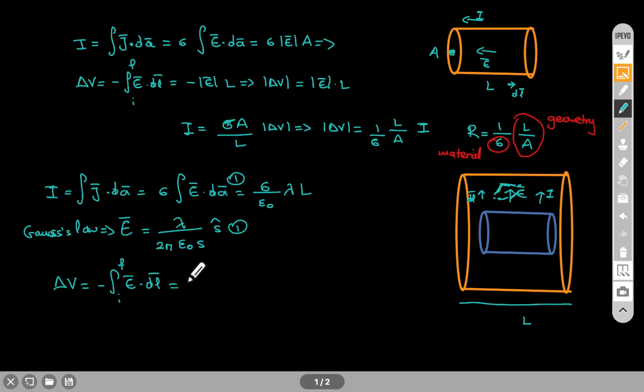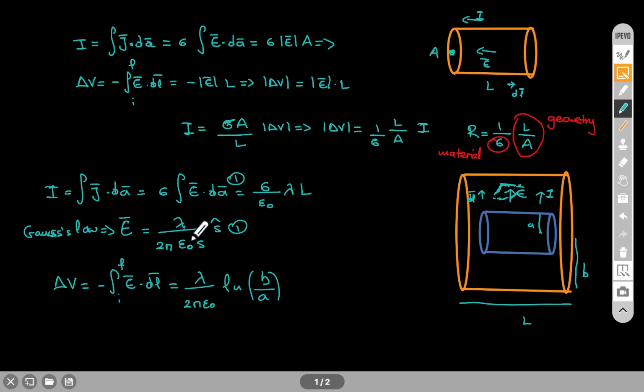Now this result will give us, where B and A, those are the two radii of the cylinder. This will be A, and the bigger one is going to be B.